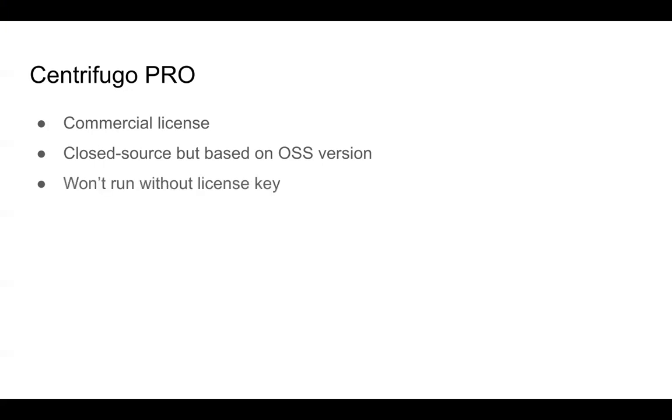So just a new thing to try. It will use a commercial license instead of Apache 2. It will be closed source and based on the open source Centrifugo version. And it won't run without a license key.